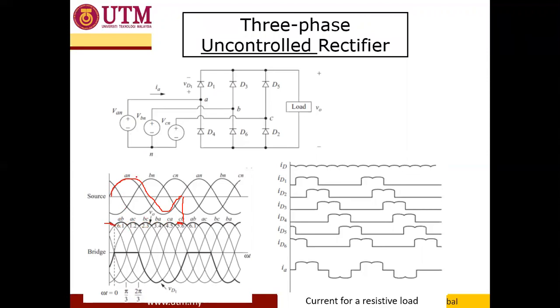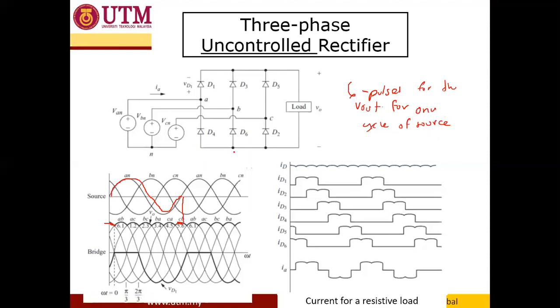So all together for one cycle of the voltage source we have 6 pulses for the output voltage. That's why sometimes this type of rectifier is called a 6-pulse rectifier.